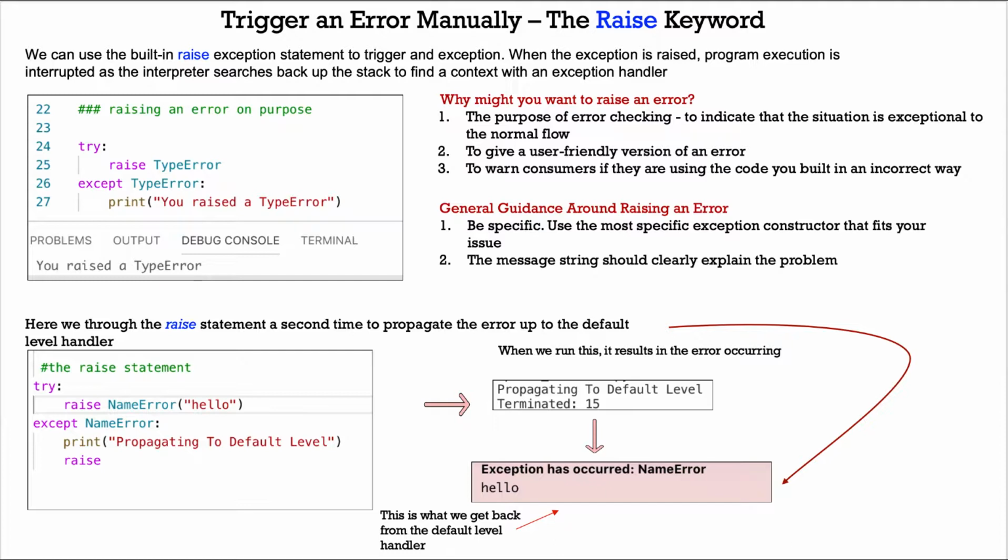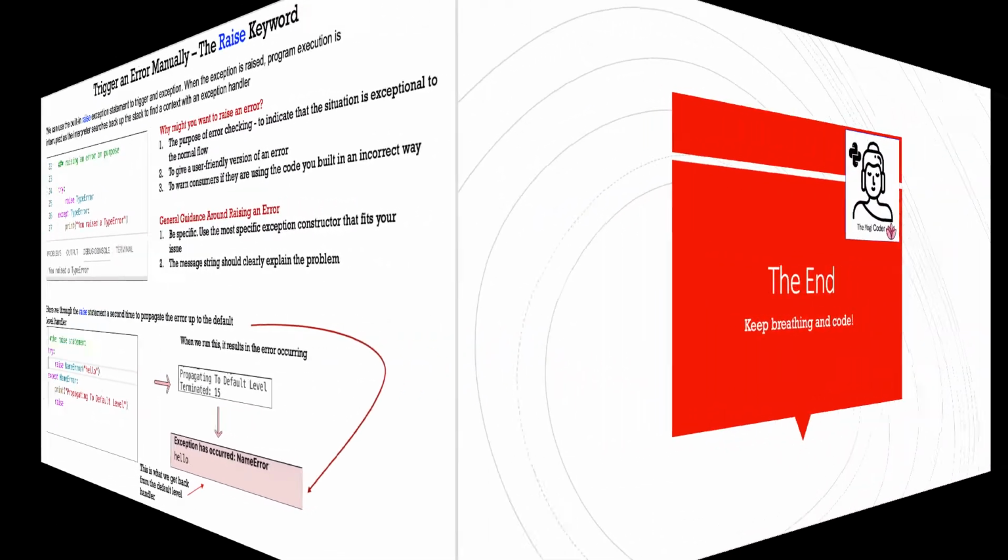So it should print propagating to default level. But then we raise it for a second time by calling raise. And when we do that, it propagates up to the default level in this case, and we get the ugly error from Python, exception has occurred, name error, and it actually prints out hello. These are two different examples of how we can use the raise keyword in our code.